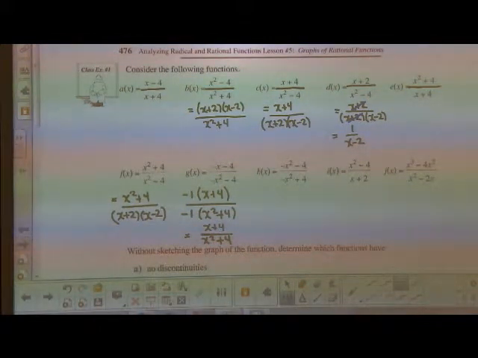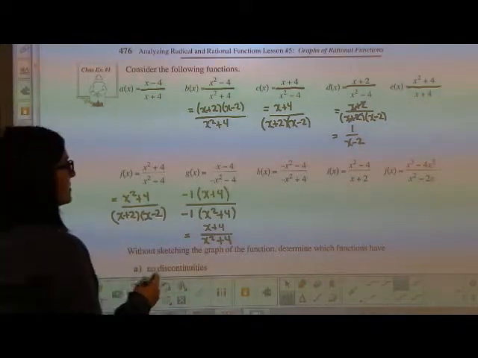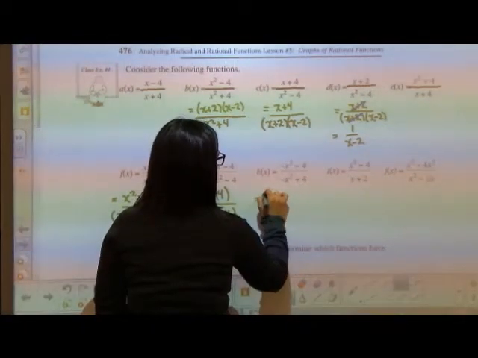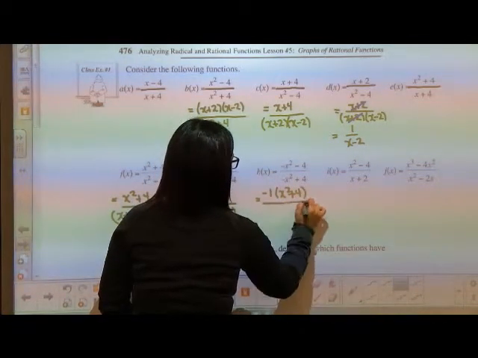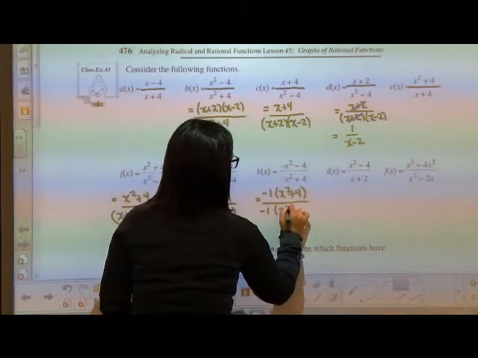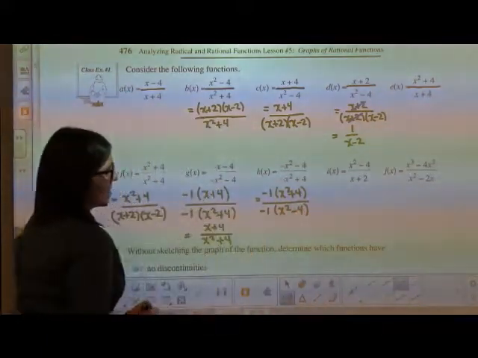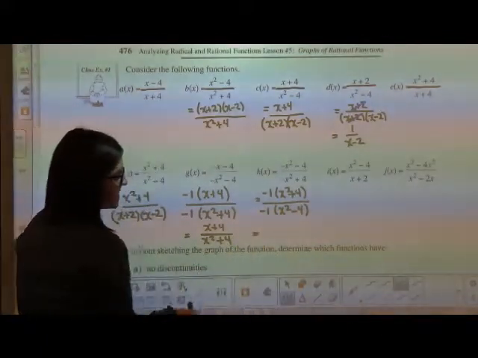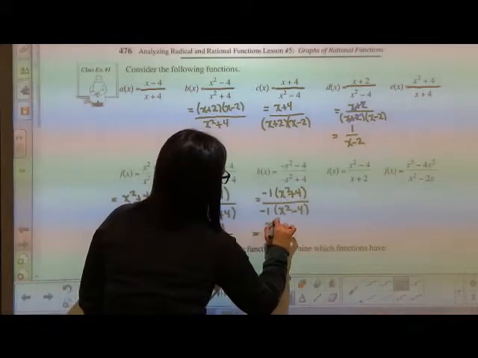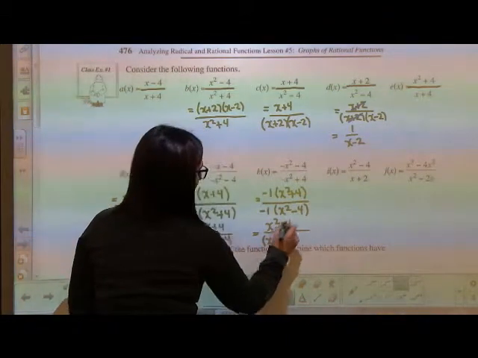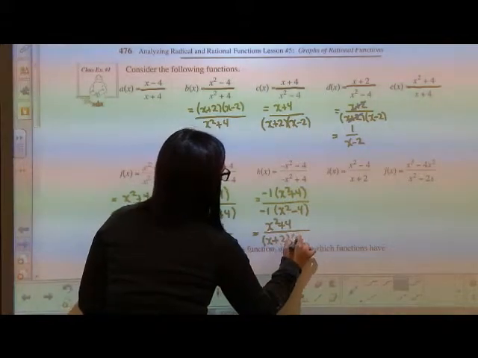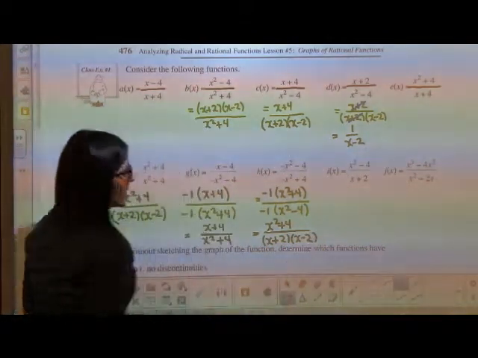I can do the same thing to h of x. I can factor out this negative 1. The negative 1s will cancel out. So I'll be left with x squared plus 4 on the top. And this x squared minus 4 on the bottom can become x plus 2 and x minus 2.